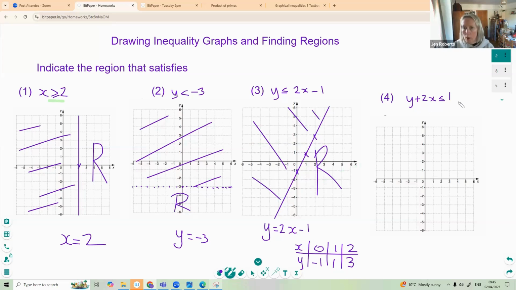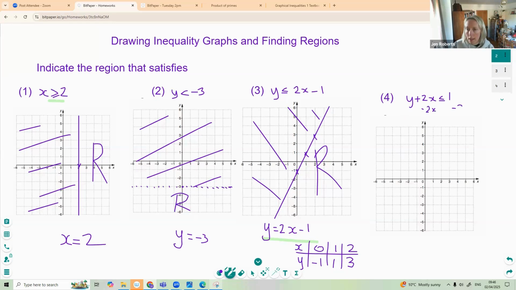This is slightly more complicated again. So we need to draw the equation of the graph first. Need to make it into an equation, put an equals in. But first of all, we want to have it in this form, y equals. I'm going to make y the subject first. How do I make y the subject here? I'm going to take 2x off both sides.